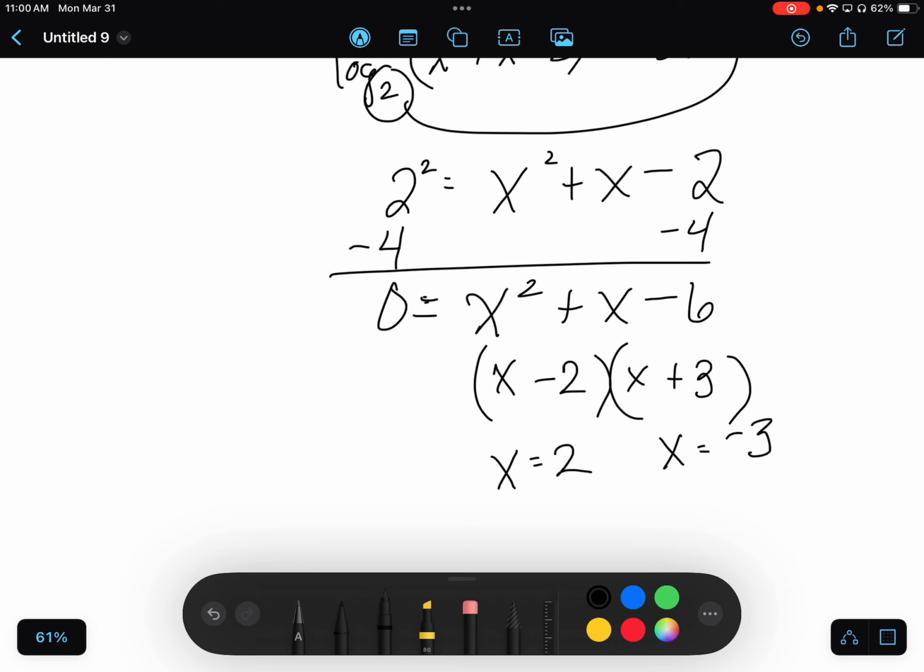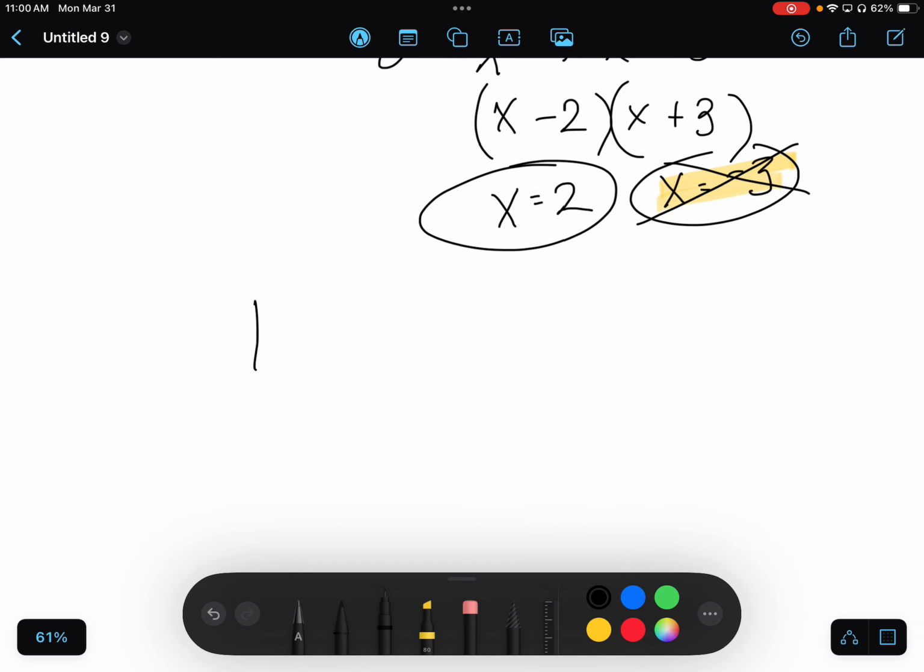Can I log negatives? Nope. So this one right here that I'm highlighting would be a no-go. So cross it off. So the only one that we'd have is just this. Remember, if you cross off the only answer you have or both answers that you have, then you'd have no solution. Okay?